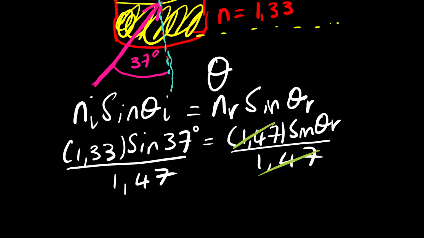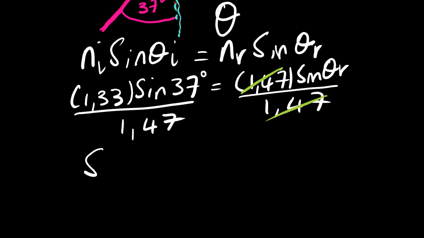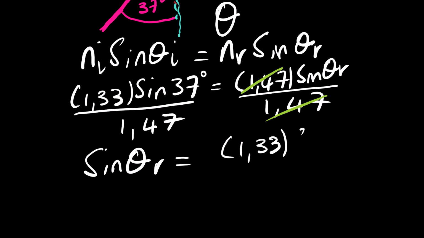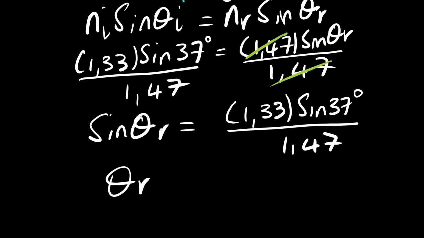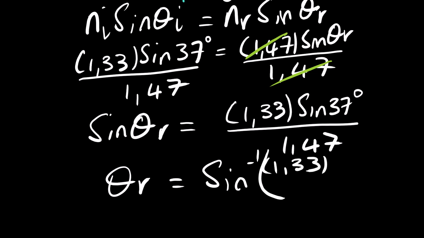This will result in 1 multiplied by sine theta R, which is sine theta R. Then this side we have 1.33 sine 37 over 1.47. Inverse sine of 1.33 sine 37 all over 1.47.